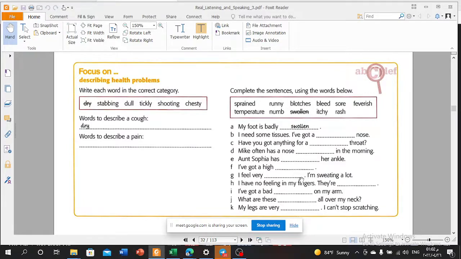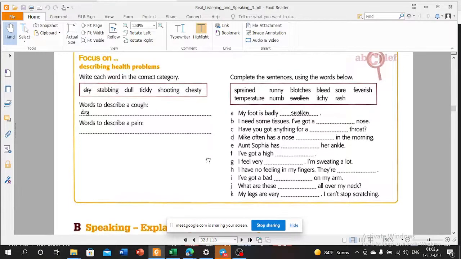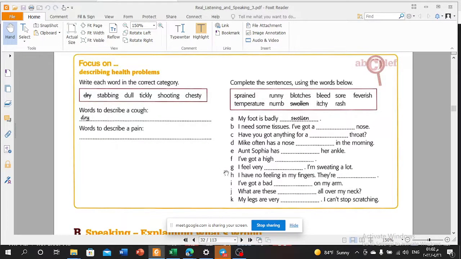You know, fever, when your temperature is high, so you may sweat a lot through this kind of illness. I have no feeling in my fingers, they are numb. Numb is the feeling of no feeling, and when you feel nothing in your fingers or any part of your body, you would call it numb.